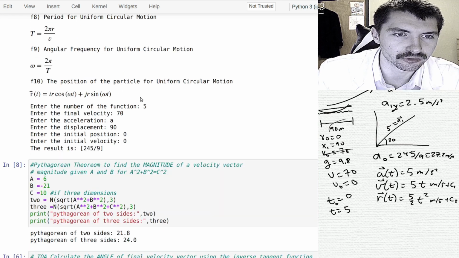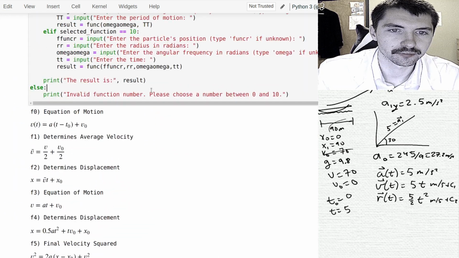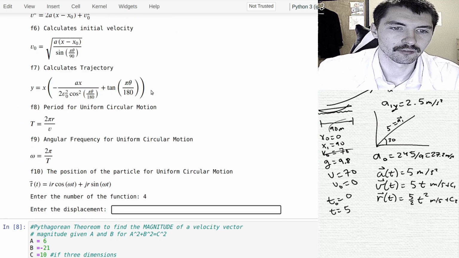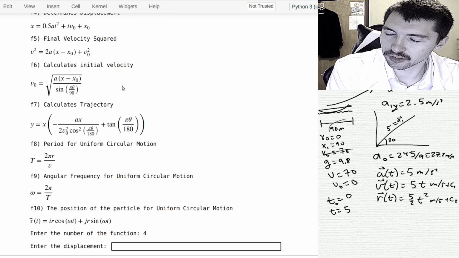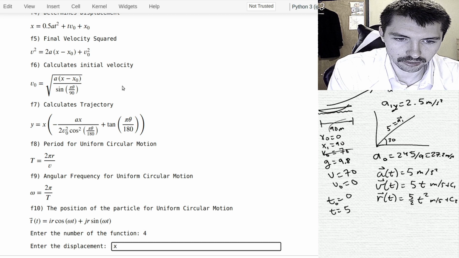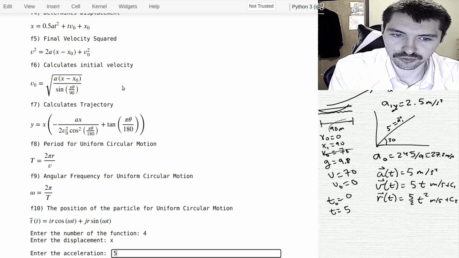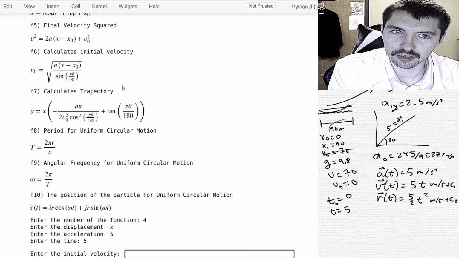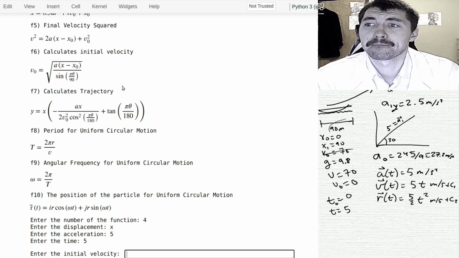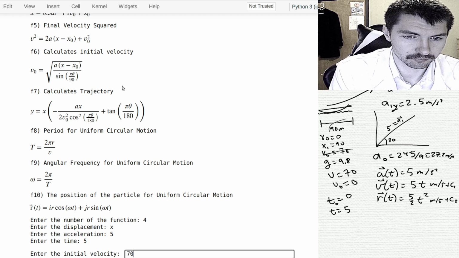So I'm thinking equation 4. Equation 4, so we have displacement is what we're solving for, right? Acceleration is 5. Time is 5. Initial velocity 70.